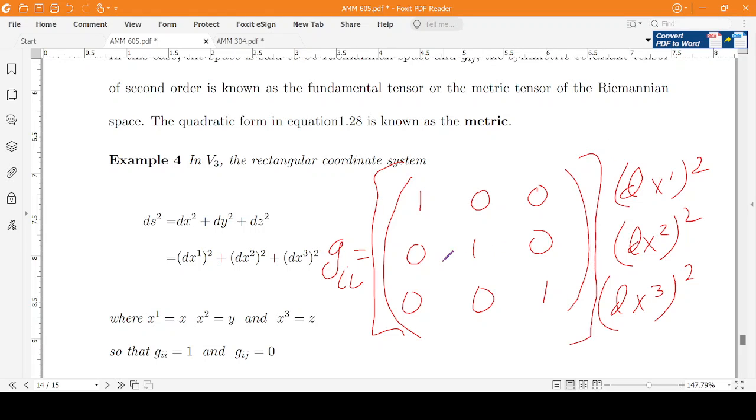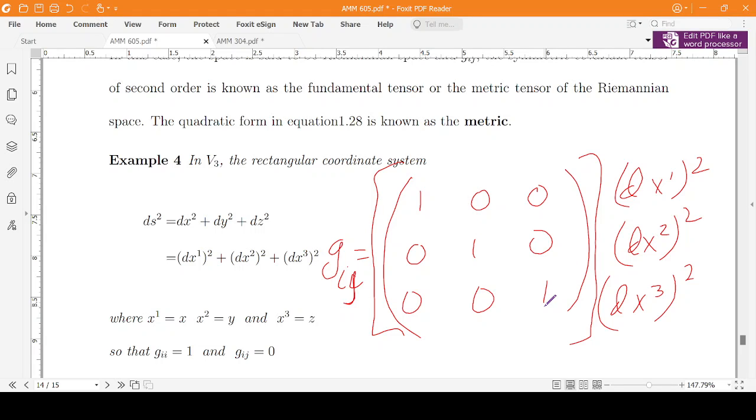So when we write Gij, this should be Gij, not Gii. So when we write G11, this will be 1. G22 is 1, and G33 is also 1.